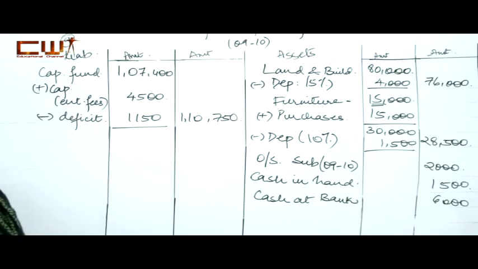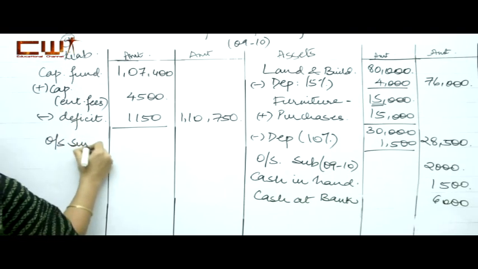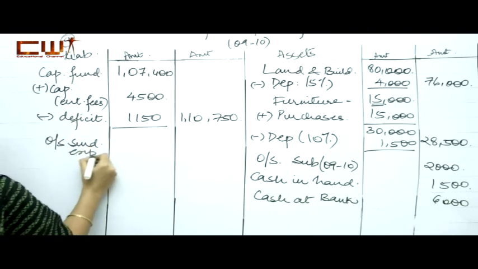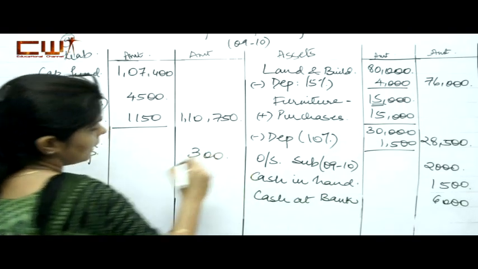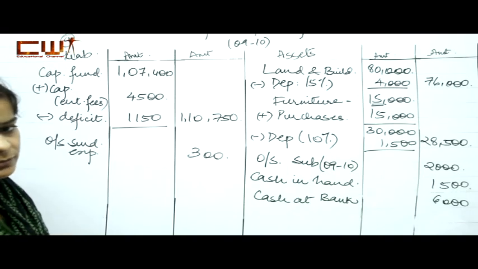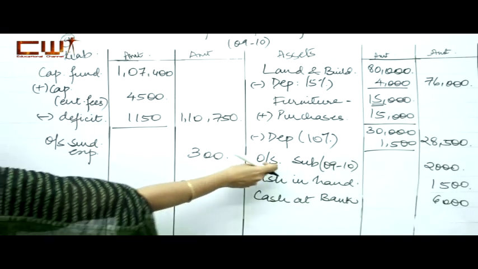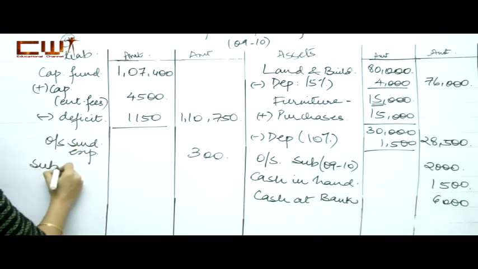Then you have the outstanding sundry expenses, 300. Then you have the subscription received in advance, which will come on the liability side.